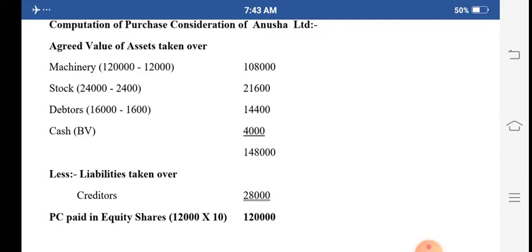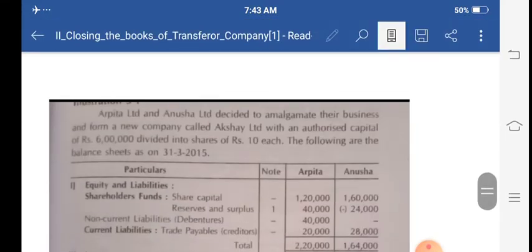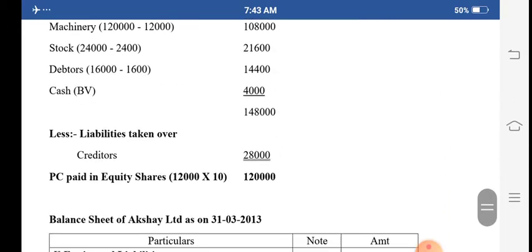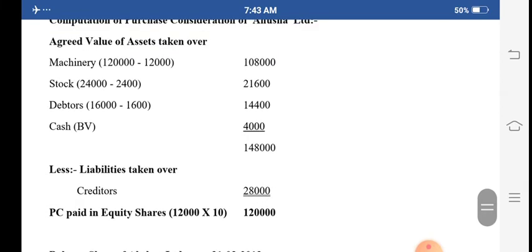How is the purchase consideration paid in equity shares? In the very first paragraph the authorized share capital is given: rupees 6 lakh divided into shares of rupees 10 each.